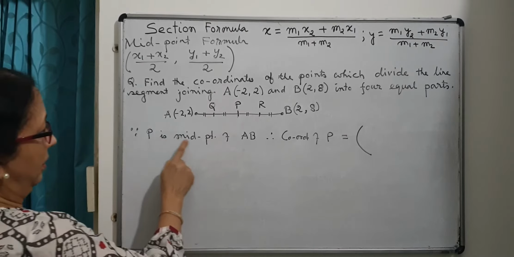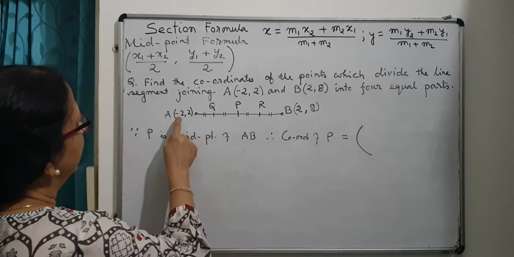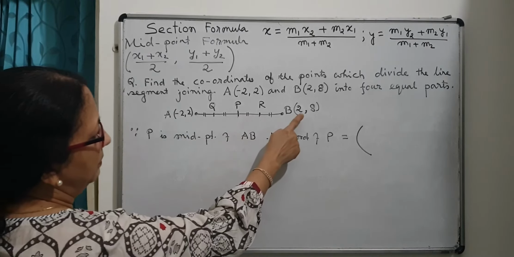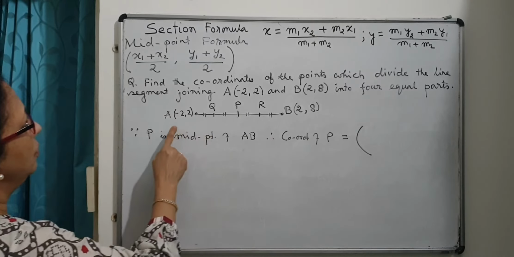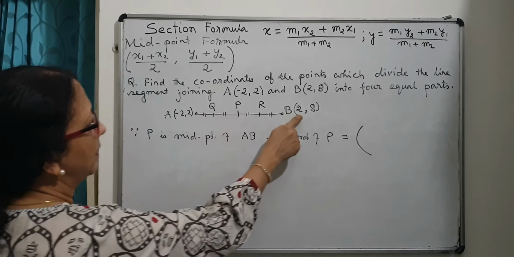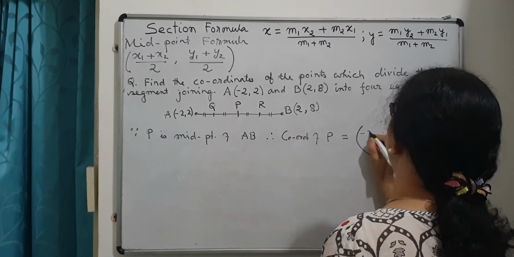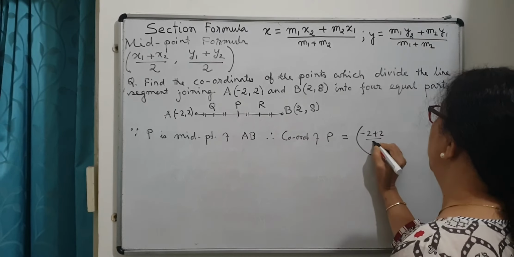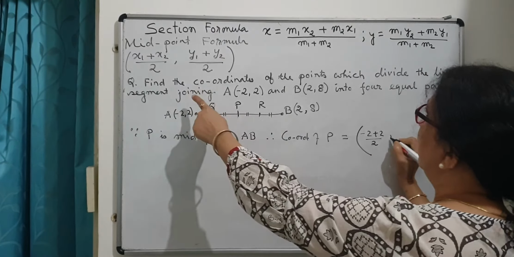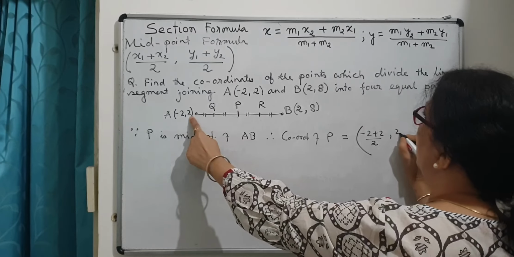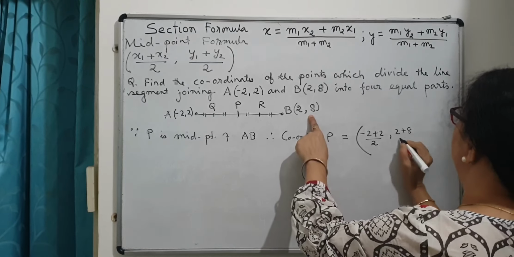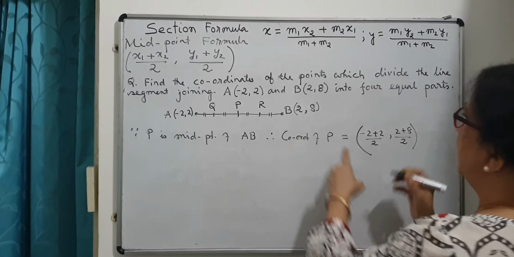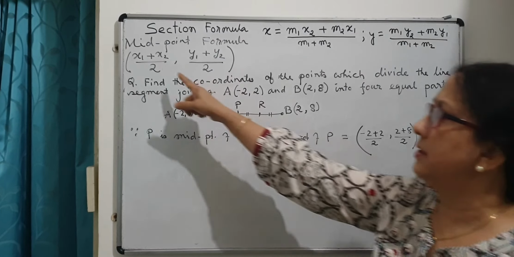A is (x1, y1) and B is (x2, y2) for this case. So that is the average of this. So (-2 + 2)/2, by the formula, and y1 is 2, y2 is 8, so (2 + 8)/2. So I am writing directly the coordinates of the midpoint by this formula.